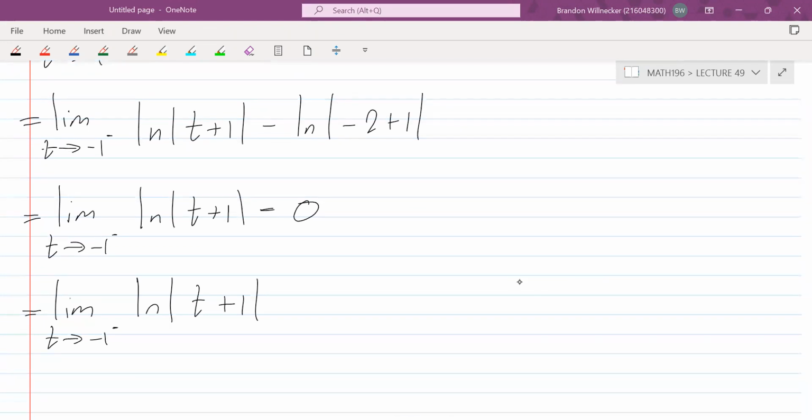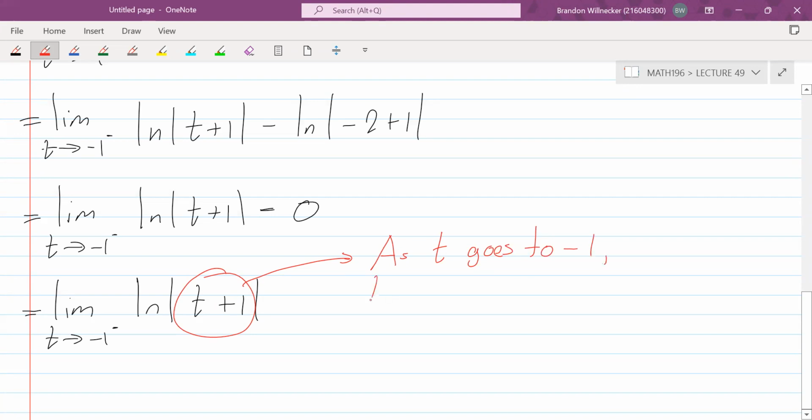Okay, now if t is going to -1, then this inside part is going to go to 0.